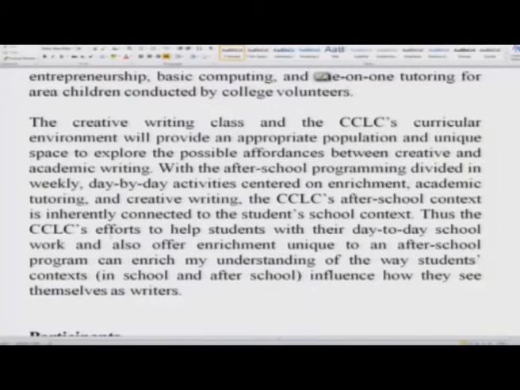Thus, the CCLC's efforts to help students with their day to day school work and also offer enrichment unique to an after school program can enrich my understanding of the way students' context in school and after school influence how they see themselves as writers. So, clear justification about the choice.